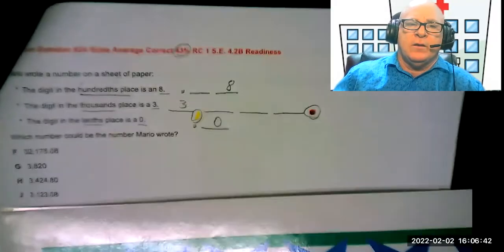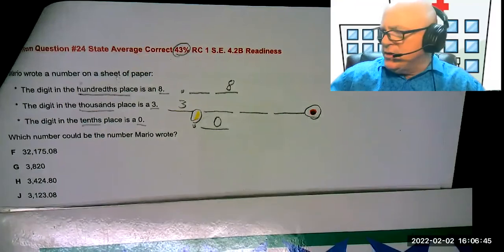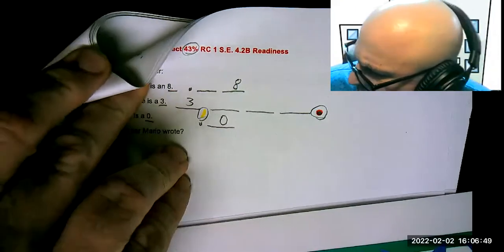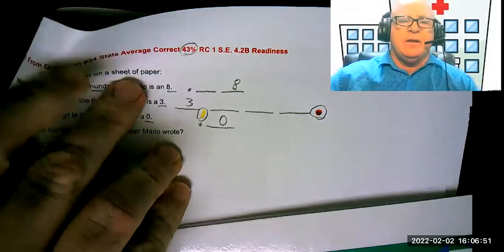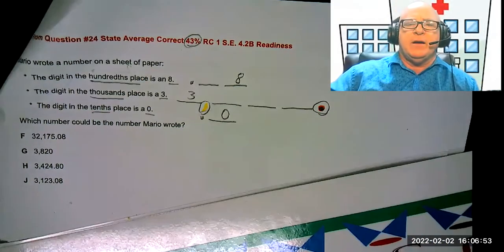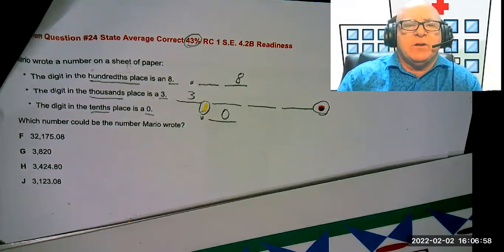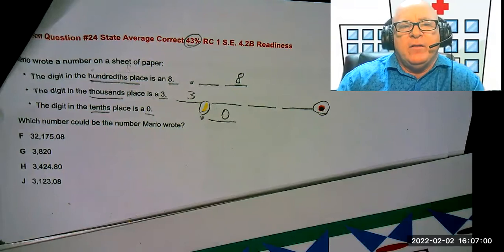Let's take a look at the problem. This is going to be whatever the next one is, number 20 out of 23. It came from a Texas test, and it looked like number 24 from the fourth grade test.